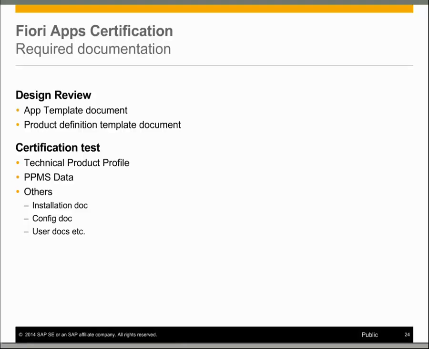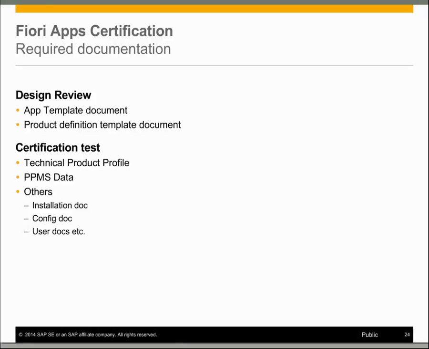Then for the certification test, there's a technical product profile document that you fill in, in which you provide the technical details of your application or its technical implementation, like what different APIs you're calling, what APIs you're delivering, what OData services you're delivering, what your namespace is, and things like that.